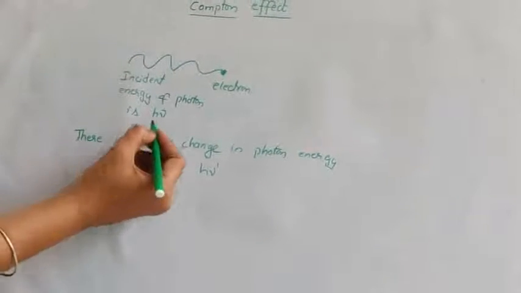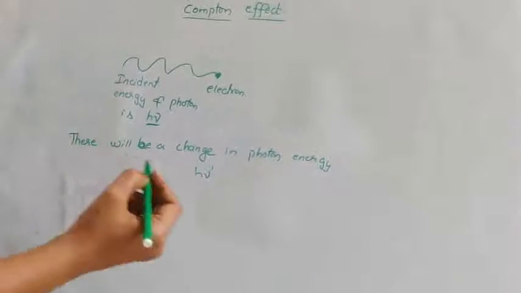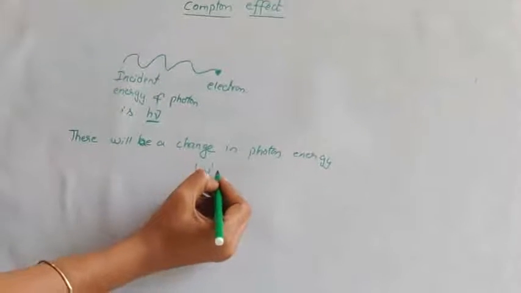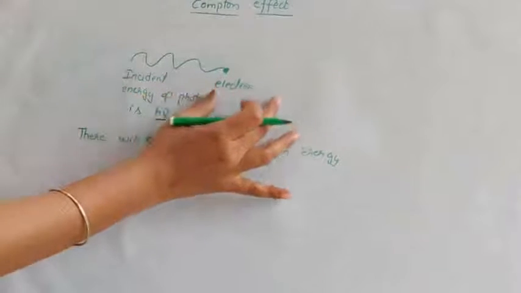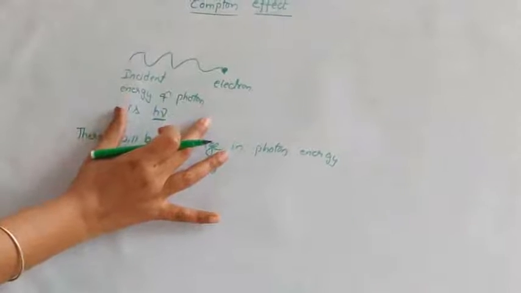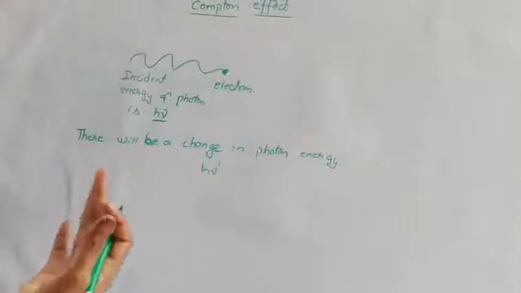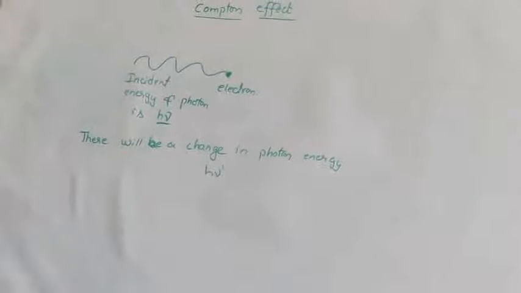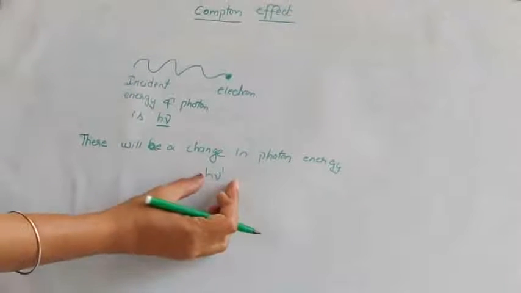h nu is the incident photon energy. What is h nu dash? The changed photon energy. After the photon strikes the electron, both the electron and the incident photon scatter at different angles, so there is a change in photon energy, represented with h nu dash.